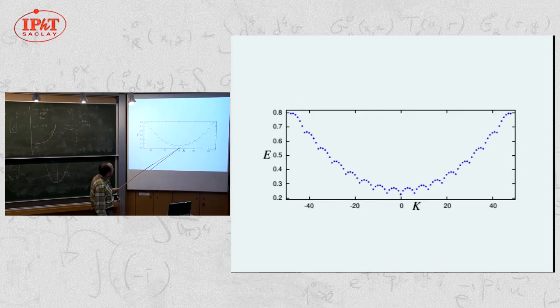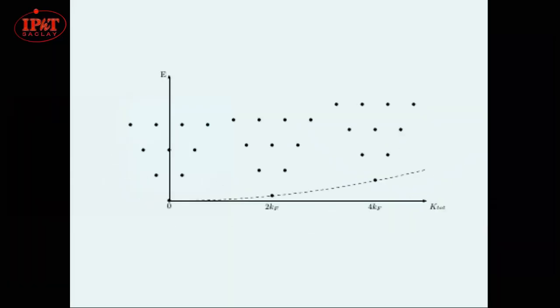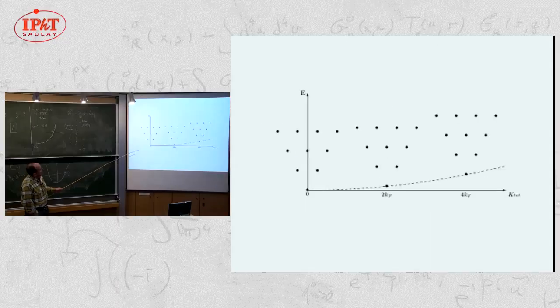Okay, let's make a close-up on these points. Okay, that's the close-up. So this is the total momentum, and these are the energies of those excited states. On top of, let's say, no transfer of electrons, you find that you can make particle excitations on the left side and particle excitations on the right side of the droplet, okay?